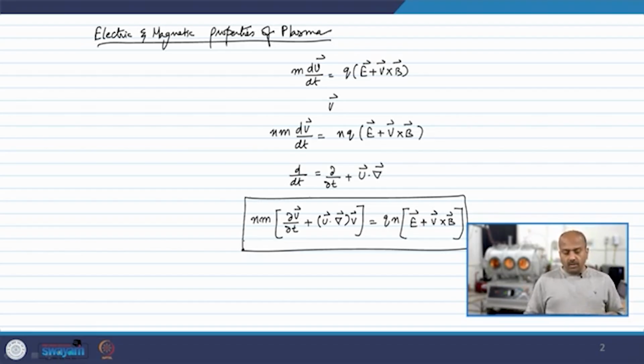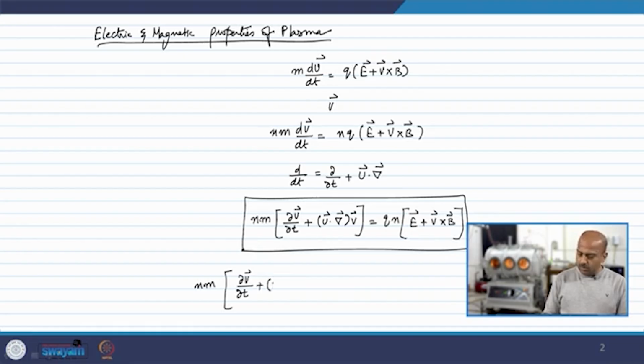We can include that effect into this equation by writing n m (∂v/∂t + v·∇ v) = q n (E + V × B) − ∇P.